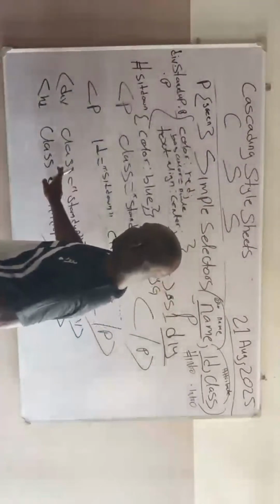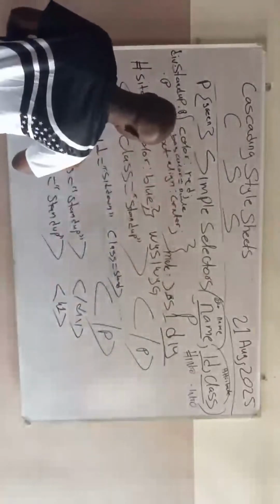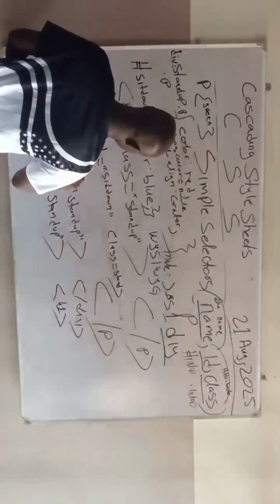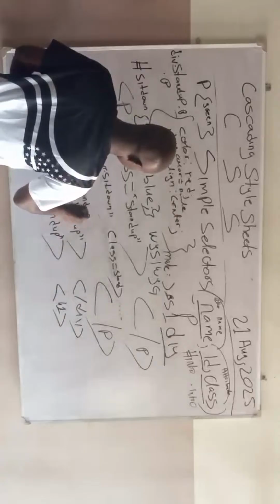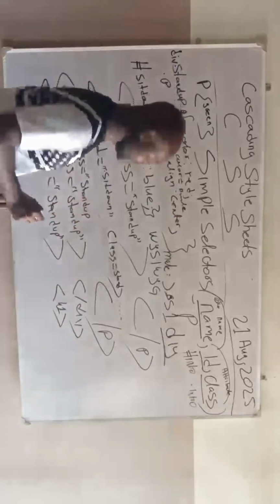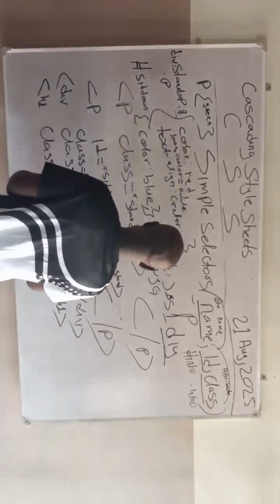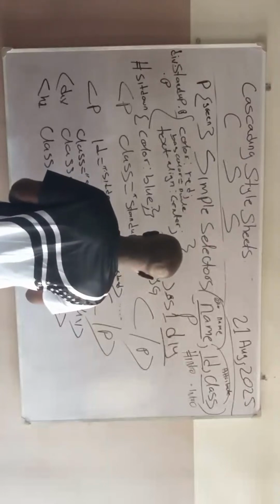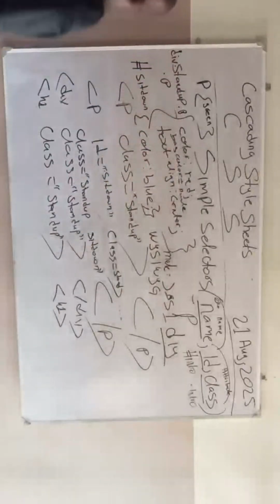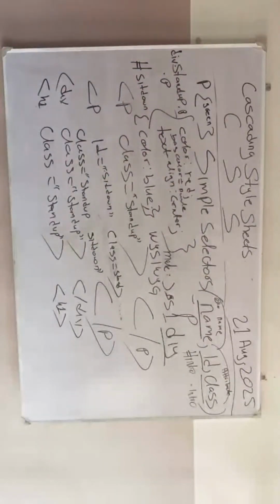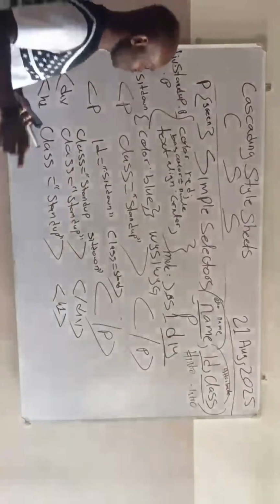If on this class, you obey the two, I'll just do it like this: class equals stand up, and I'll give space, sit down. It will obey both stand up and sit down. I don't want to expand it to this step so that you don't get confused. Let's do one after the other.